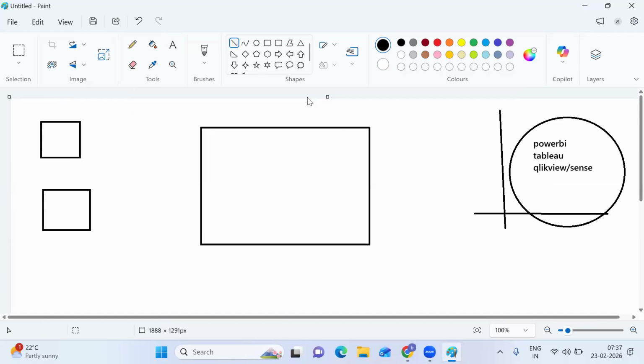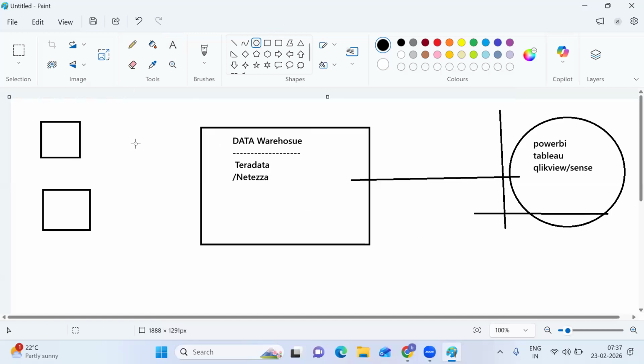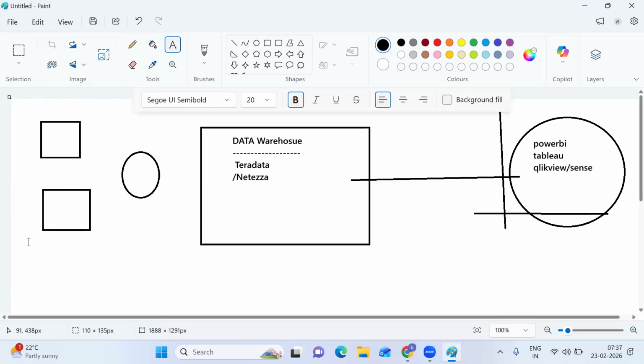But these BI systems are taking input from the data warehouse. Here are popular data warehouses. But how to bring data into these systems? These systems take input from the OLTP systems. The left side systems that you are seeing are OLTP systems.